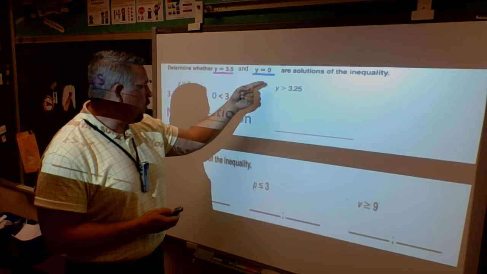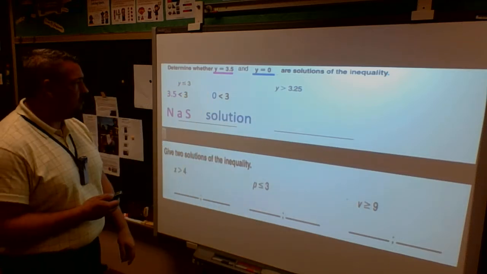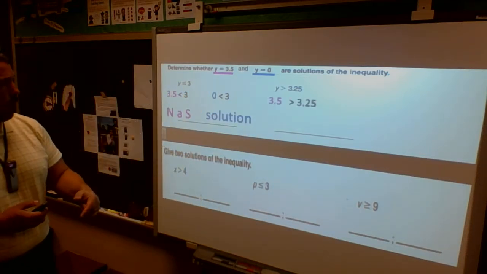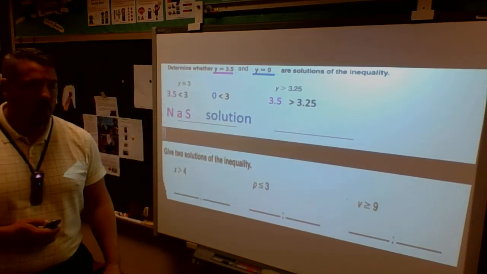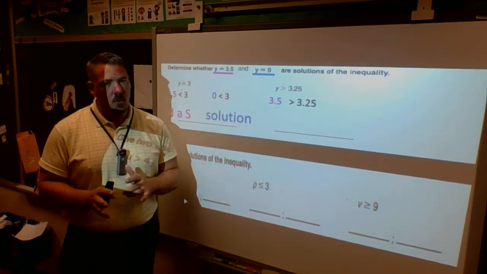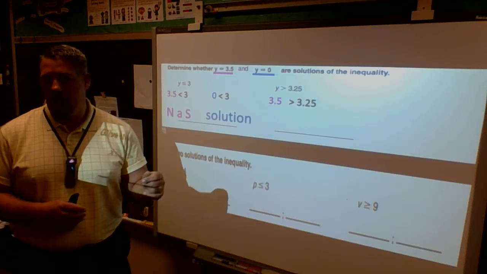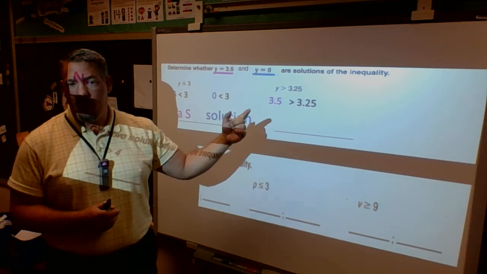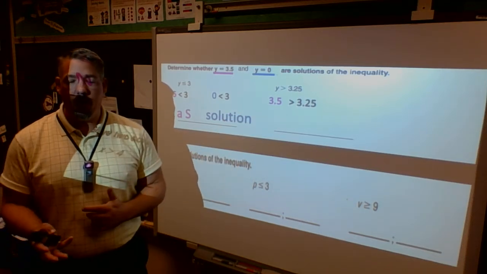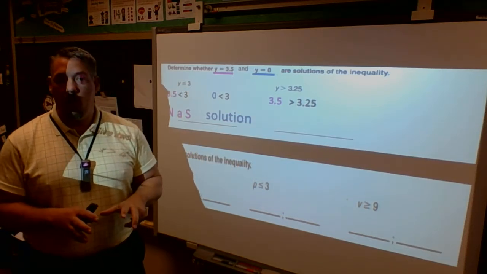Now I'm going to use these two once again, but I'm going to plug them in here. Is 3.5 greater than 3.25? Well, that one gets a little tricky sometimes, and some of you see it real quick and some of you don't. Some of you may look at the 0.5 and think, well, 0.5 is smaller than 0.25. That's not the case, and that's not how we compare.